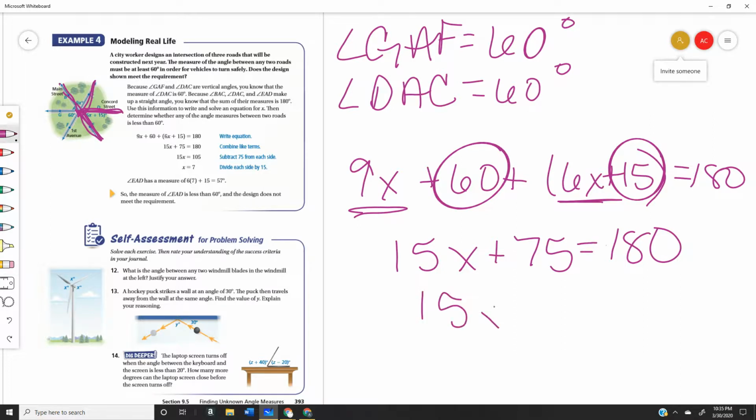So then 15x equals 105. Divide, and we get that x is equal to 7. X is equal to 7, so now we're going to plug that in, and we're going to find the measure of EAD or DAE right here, which is 6x plus 15. So I'm going to write a little note right here, x equals 7.